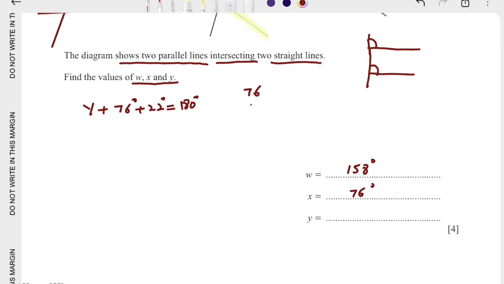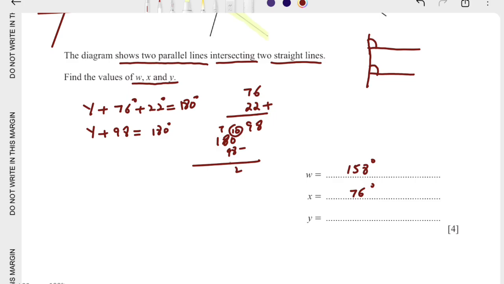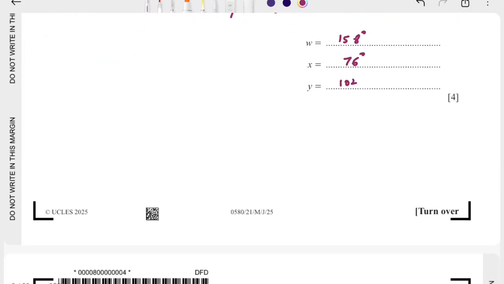So 76 plus 22 would be equal to 98. y plus 98 is equal to 180 degrees. We'll subtract it. 180 and 98. We'll take one carry. It would be 10, 2, 7, and it would be 8, 82. So y would be 82. Next question.